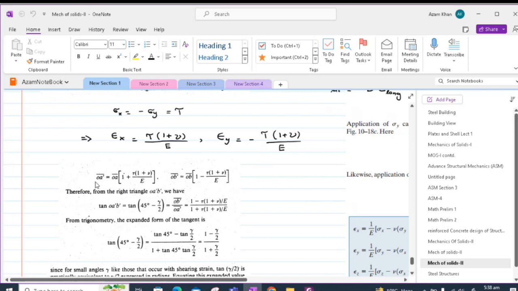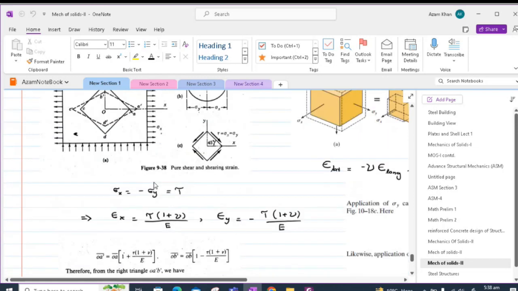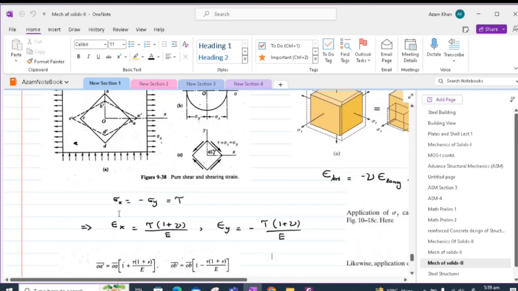We can also look into these expressions since OA prime is equal to OA plus the difference AA prime, and AA prime will be equal to the strain in x times the original length OA.